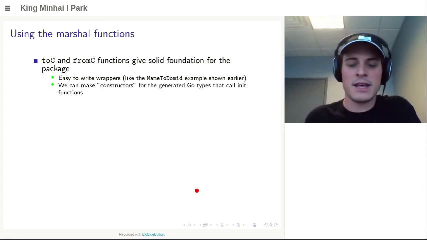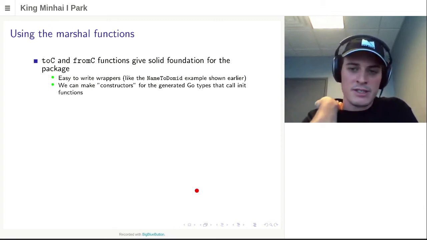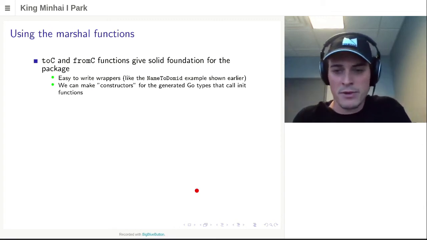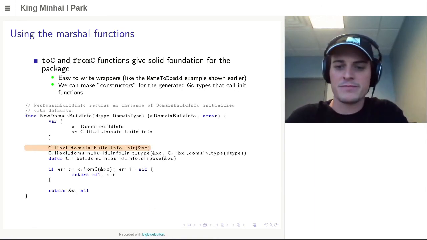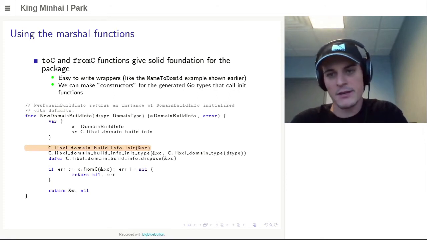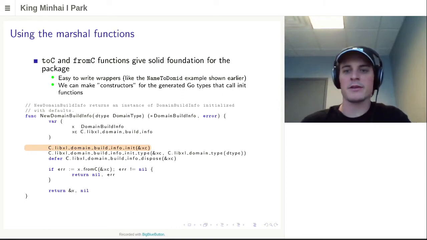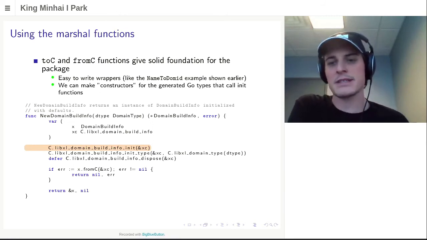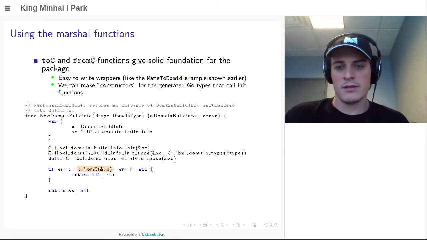We can take the Go type of whatever function we want to call in libxl, convert it to C, and the compiler will be happy. And as I mentioned, we can do constructors that look like this, so that any package users will get a type that the init function has been called on. So we know it's going to be the same as if you were using libxl to initialize, and the user doesn't have to worry about any of that.